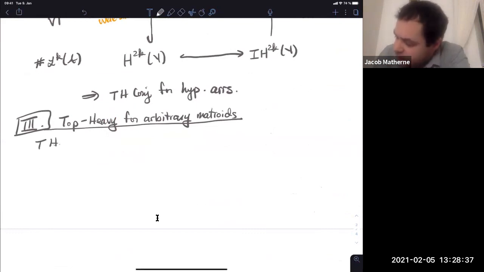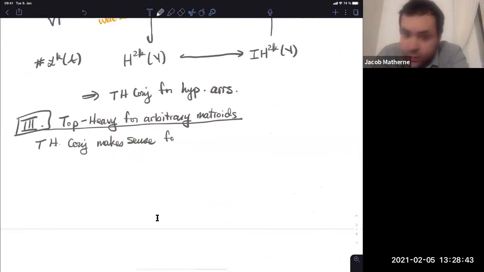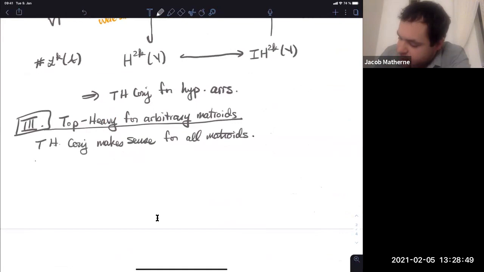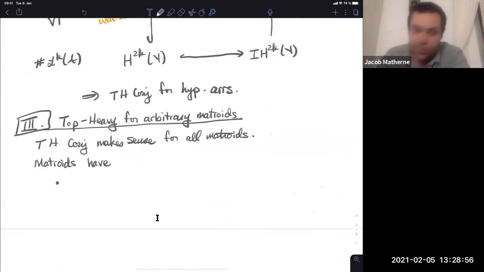So as I said, this top-heavy conjecture makes sense for all matroids. I'm not going to say what matroids are, but the definition of a matroid is that you have a lattice of flats.